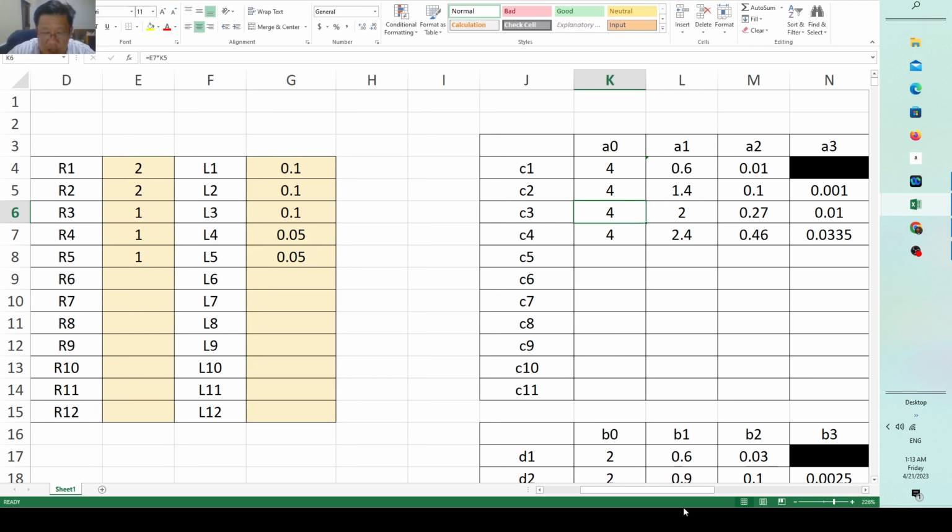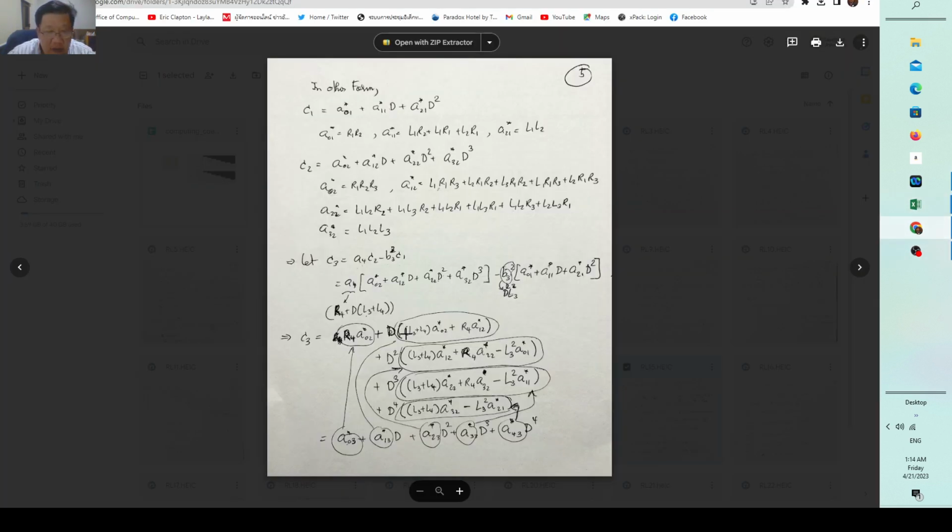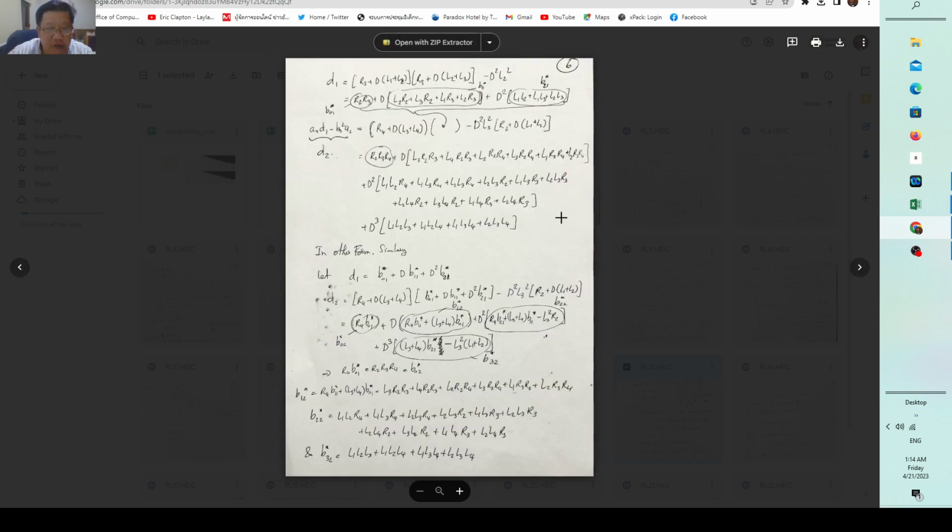So actually this one we just use, term by term over here, with the Excel function to update according to this formula, and we can continue to do it for the D value also.